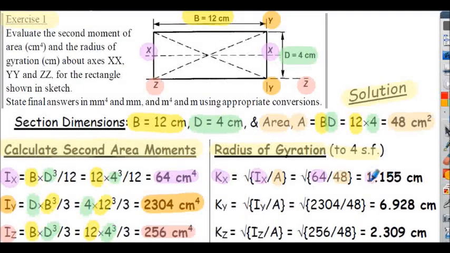So that gives us the k about the x-axis here in centimetres, k about the y, same approach here, it's just going to be I about the y divided by the cross-sectional area, that's 6.928 centimetres, and finally k about the z-axis is I about the z divided by A, 2.309 centimetres. So that's the second area moments and the radius of gyrations calculated in centimetres.